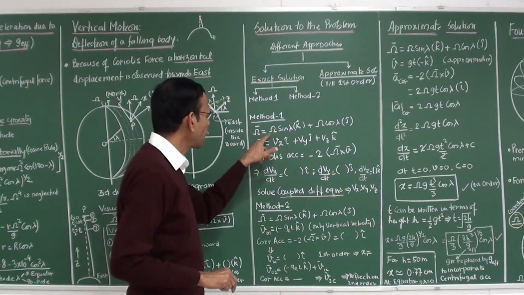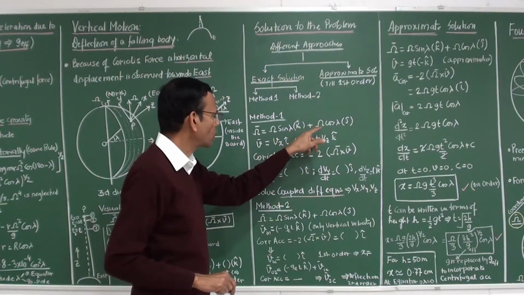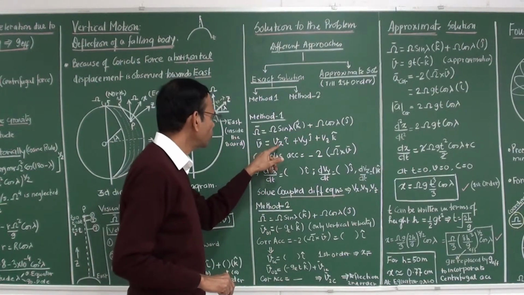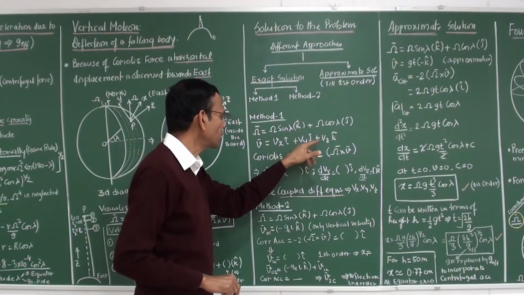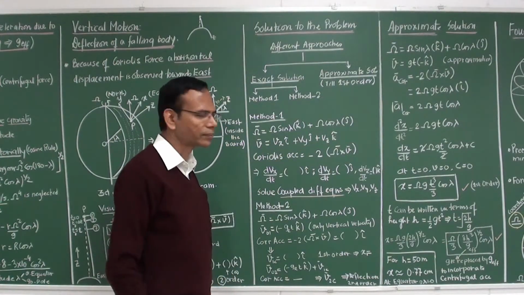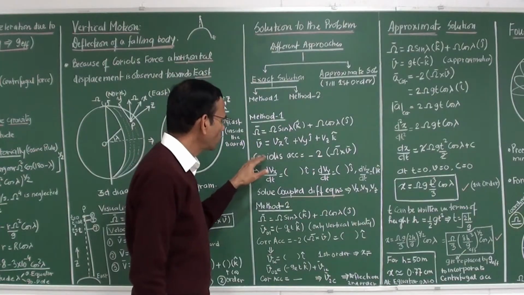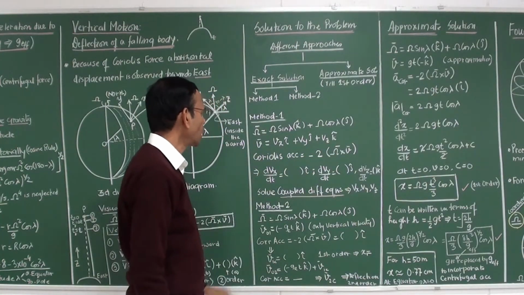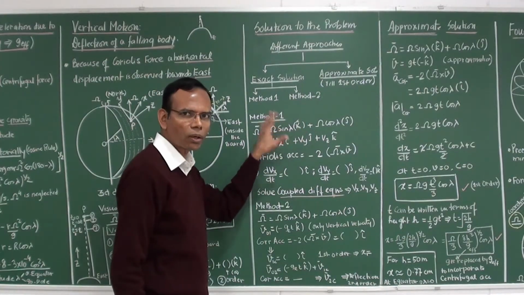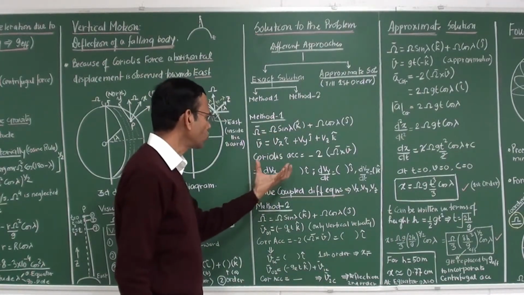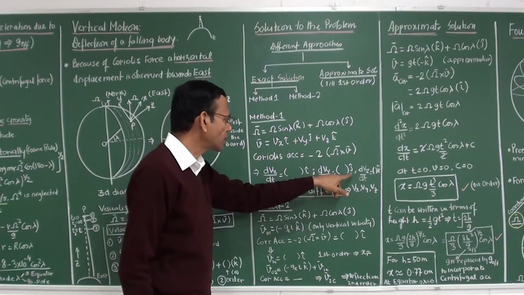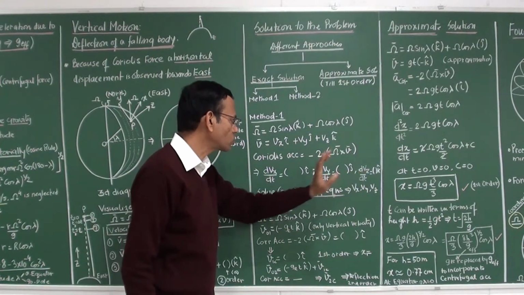You write omega as omega sin lambda k cap plus omega cos lambda j cap as usual. And V you write as Vx i plus Vy j plus Vz k. Then you write Coriolis acceleration as minus 2 omega cross V. And you do all the cross products, and finally you group all the terms together with I cap, all the terms together with j cap, all the terms together with k cap.